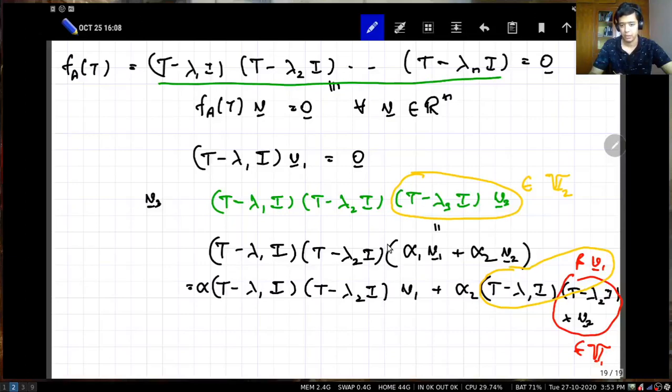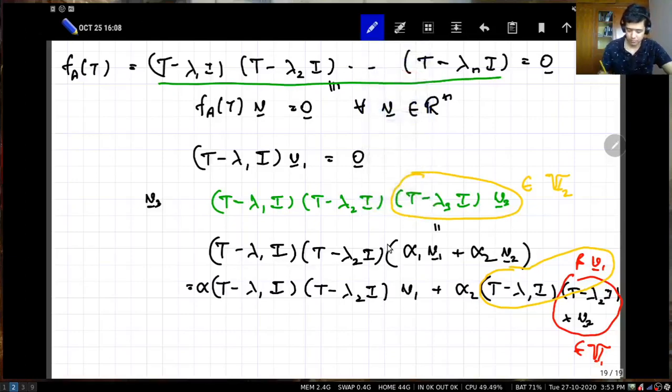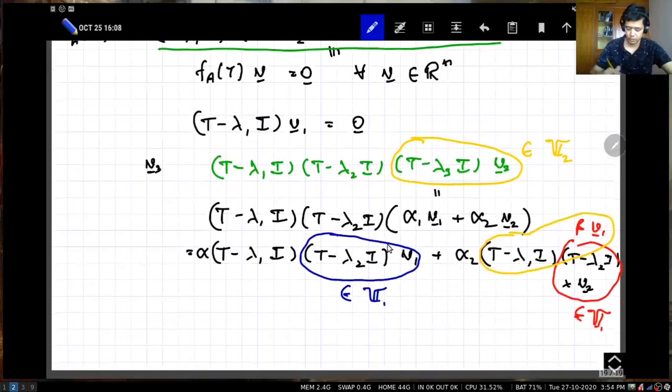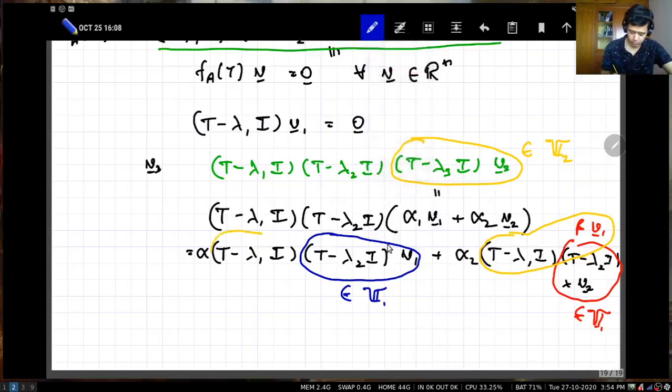This T minus lambda 2 I v1, I claim that this also lies in V1 because after all this is some element in V2, right? So this will lie in V1, and therefore this term over here is equal to 0.